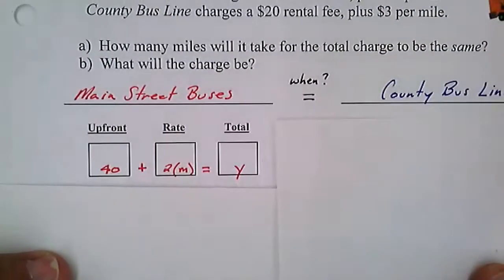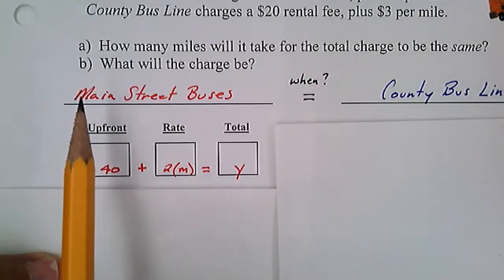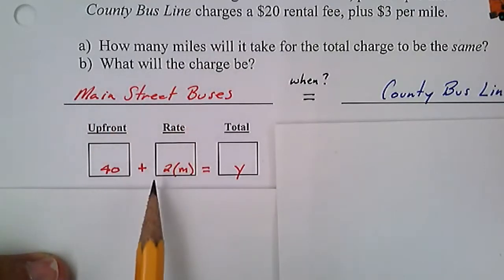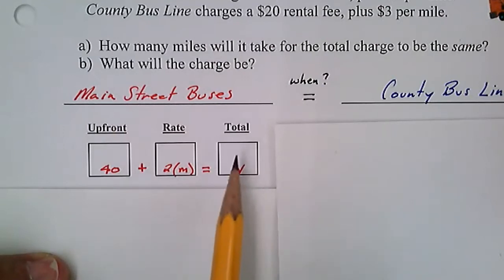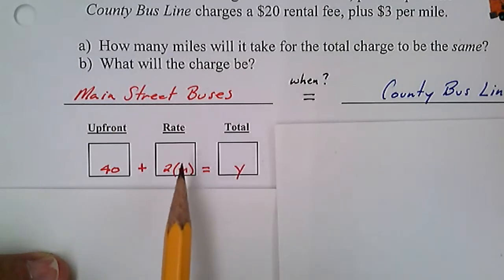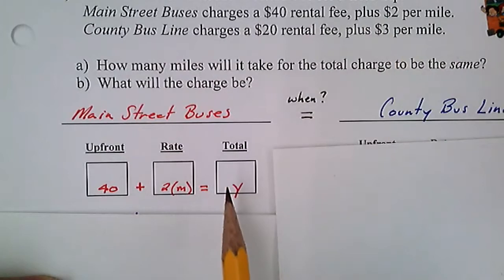When we fill in our boxes, it's $40 upfront for Main Street, and the rate is $2 per mile, but we don't know the total. So we're going to put another variable since we don't know. Sometimes people will use X right here, but I'm going to use M for miles. It's $2 per mile, but we don't know the total.